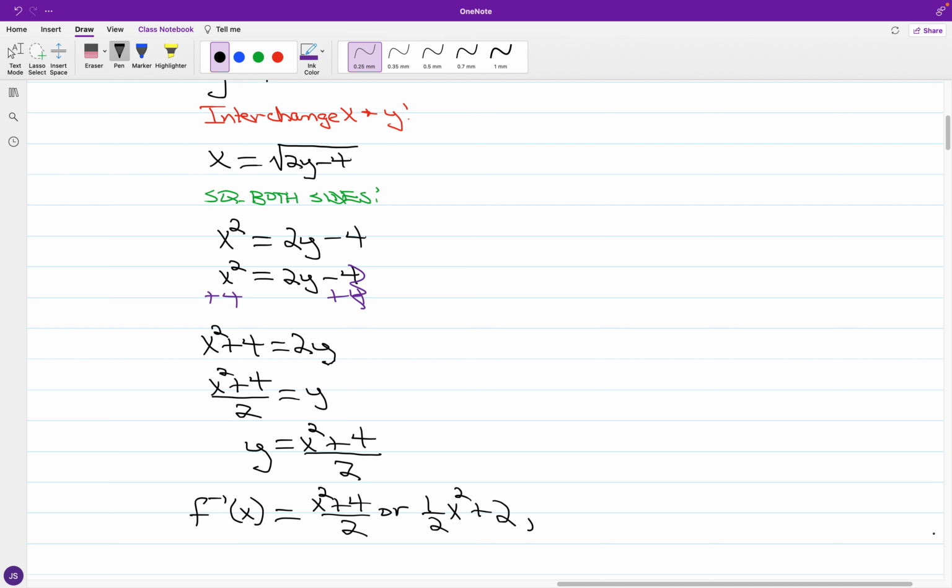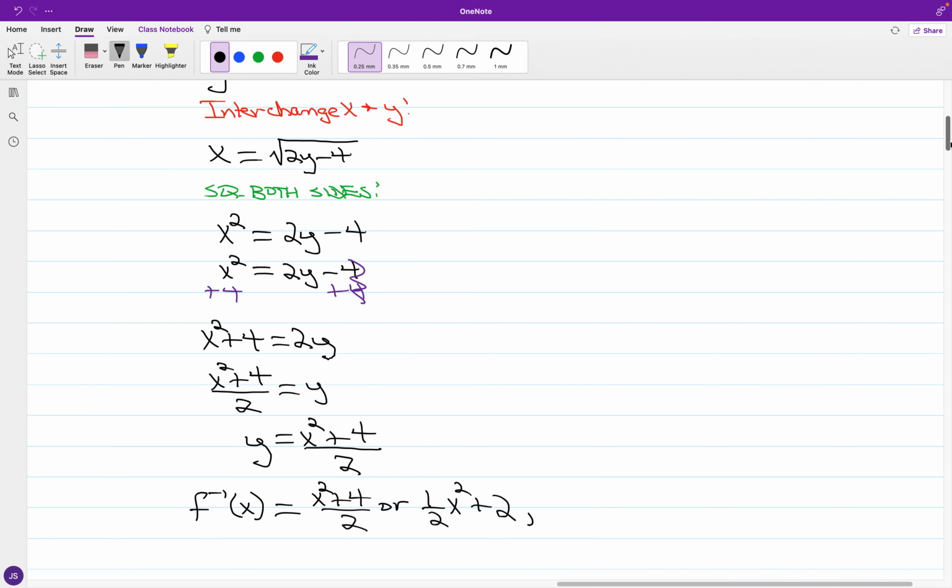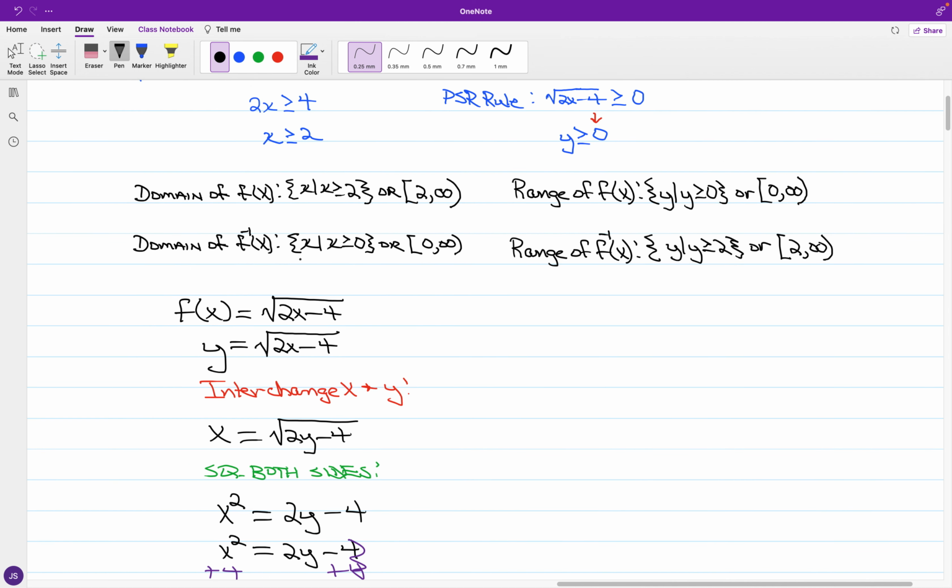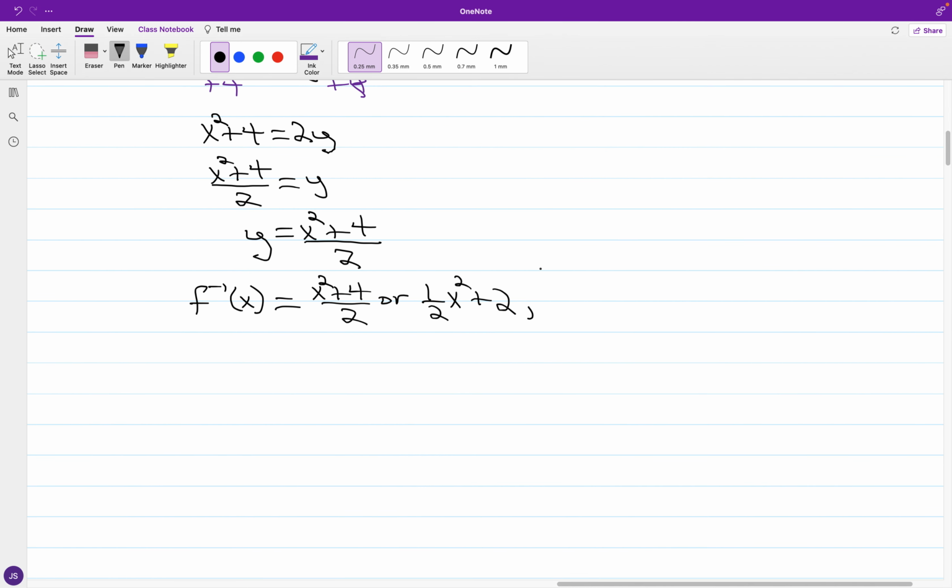And this would be for the values of x that define the domain. So we're looking at those values of x greater than or equal to 0. So you have x greater than or equal to 0 included.